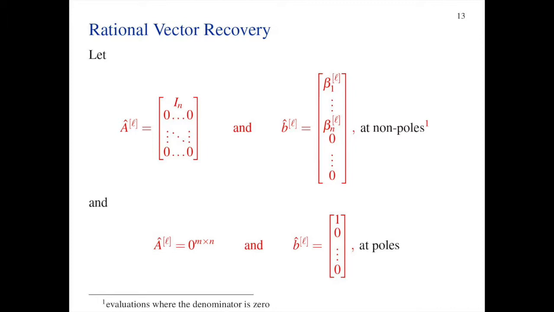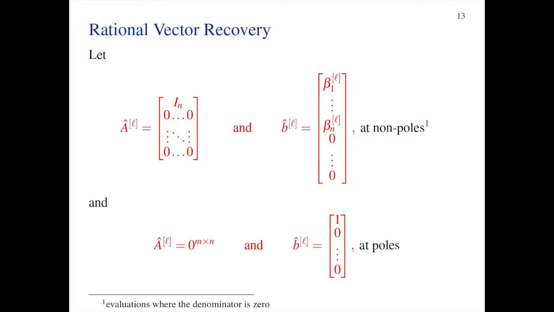Because remember, it didn't matter what A hat and B hat you had in order to recover f and g, right? So that's why, if the matrix were square, you can let A hat be the identity matrix and B hat just be what I get back from the vector, and use that to recover the vector of rational functions.